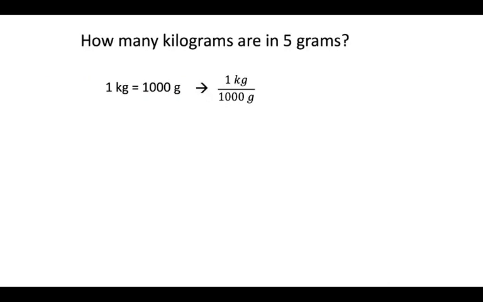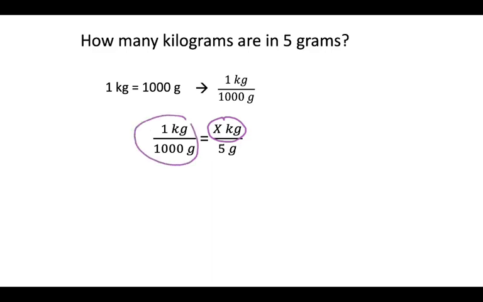As you become more familiar with the metric system, you can simply work with the numbers. Since 1 kilogram is equal to 1,000 grams, we can make this fraction 1 kilogram over 1,000 grams because that's equal to 1. And given that, we can use that to solve for x, since x kilograms over 5 grams will equal this.